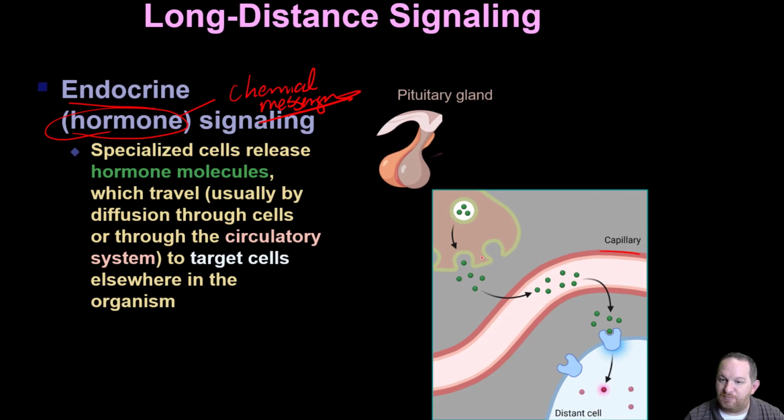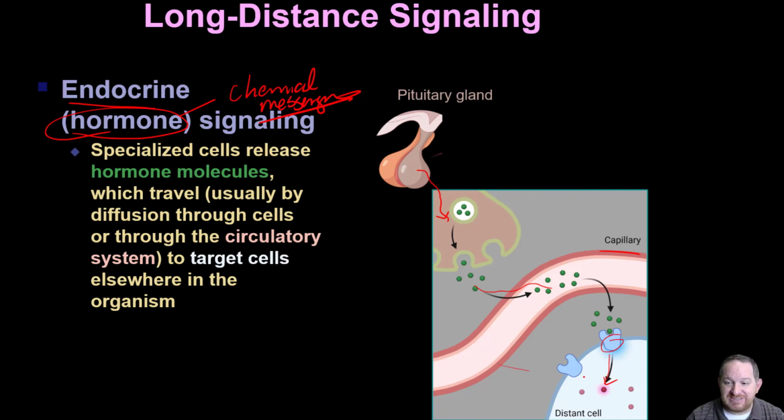So we've got a capillary here. Notice here that we've got the pituitary gland, again I'm mentioning just for this example, right? There's the pituitary gland. It's releasing these hormones. The hormones will travel into the capillary, then into the other blood vessels, traveling down where they need to go to some distant cell. Once again, it will bind to a receptor molecule, go in and have some effect on the cell and get some result done.